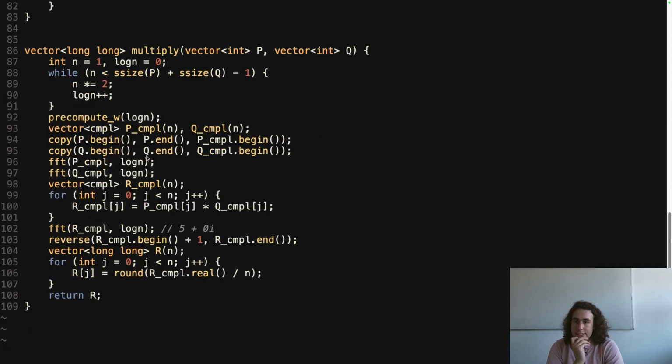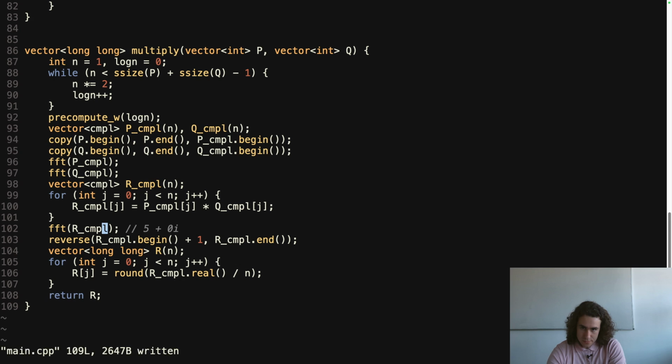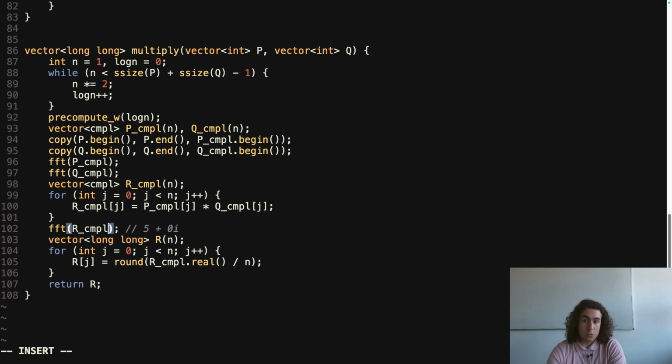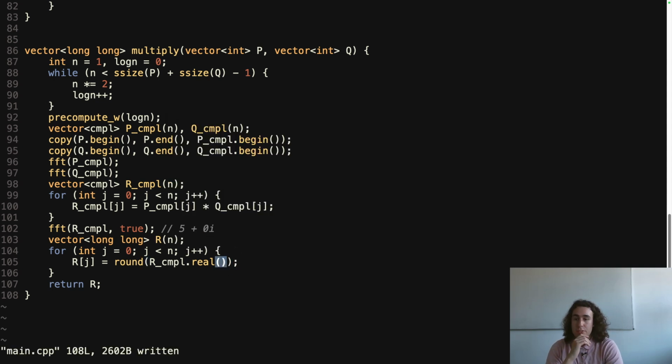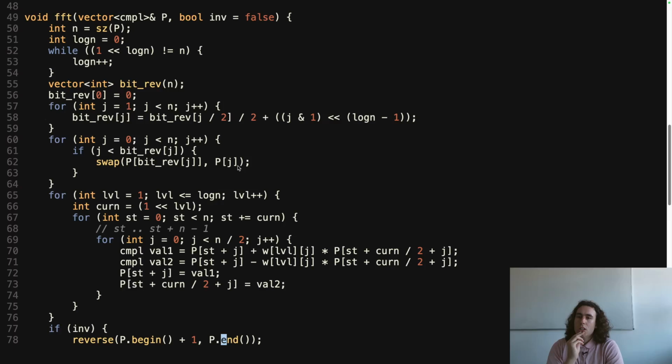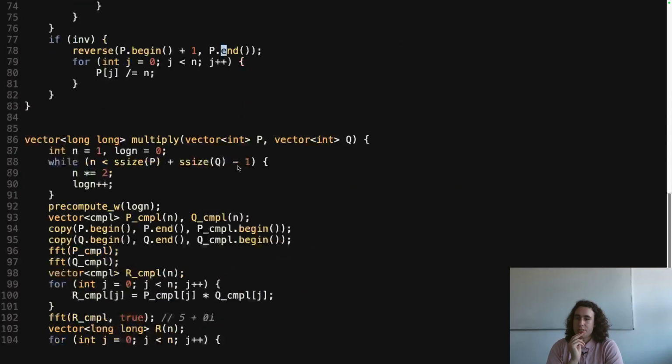And then here, we don't need to pass this thing anymore because we don't have recursion by levels. And we don't need to do this. We just pass flag true to tell us that we are doing the inverse FFT. And I think this is everything, right? I think we did our FFT without recursion. This should be much faster.